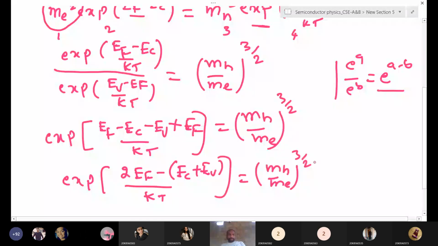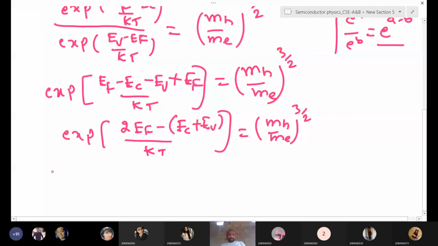is equal to, sorry, one minute please. Okay, 2EF is equal to, what we can write here, EC plus EV by KT, you can keep it this way also, KT, and plus 3 by 2.